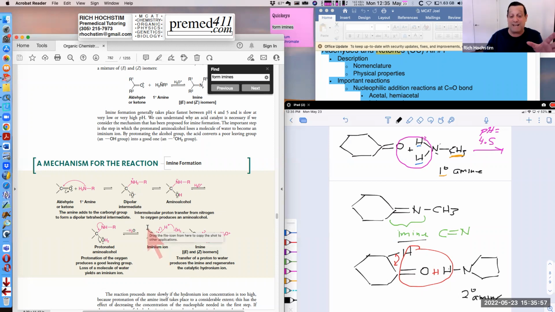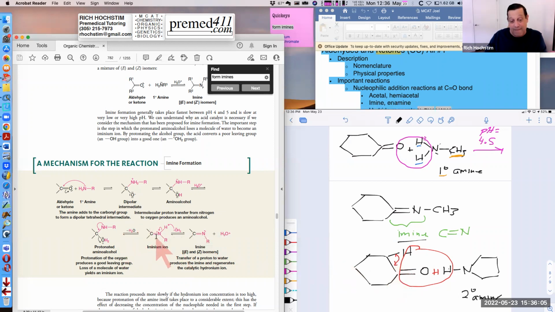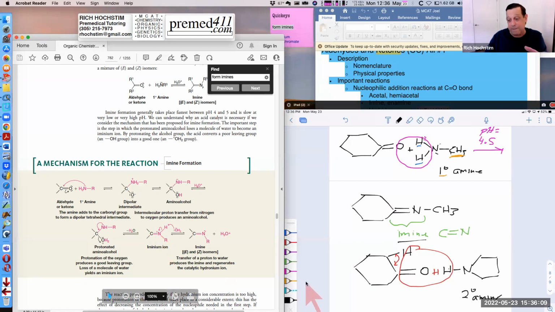And when that hydrogen is removed, the electrons swing down to here. That's this reaction right there. So these electrons swing down, and these electrons swing on to the nitrogen, neutralizing it, and you get your enamine. So that's the reason why there is differentiation between imine and enamine. It's in the structure of the amine, whether there's two carbons present, enamine, or one carbon present on the nitrogen.